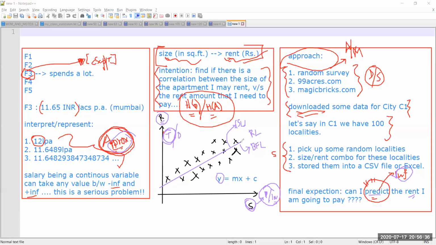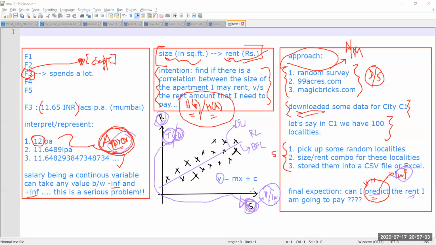Because I can clearly see, irrespective of whether there is causation or not, that there is clearly a correlation. That is the reason why the size of the house is going to impact the rent of the house. In other words, the rent of the house will be dependent on the size of the house.